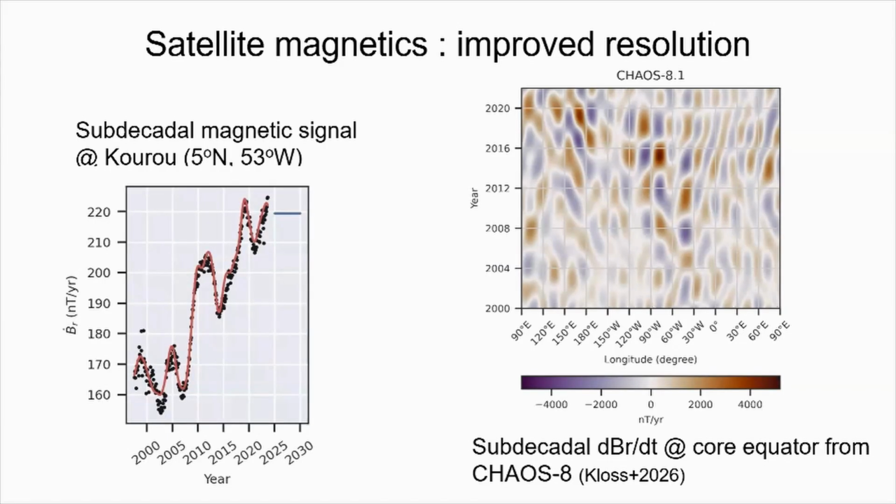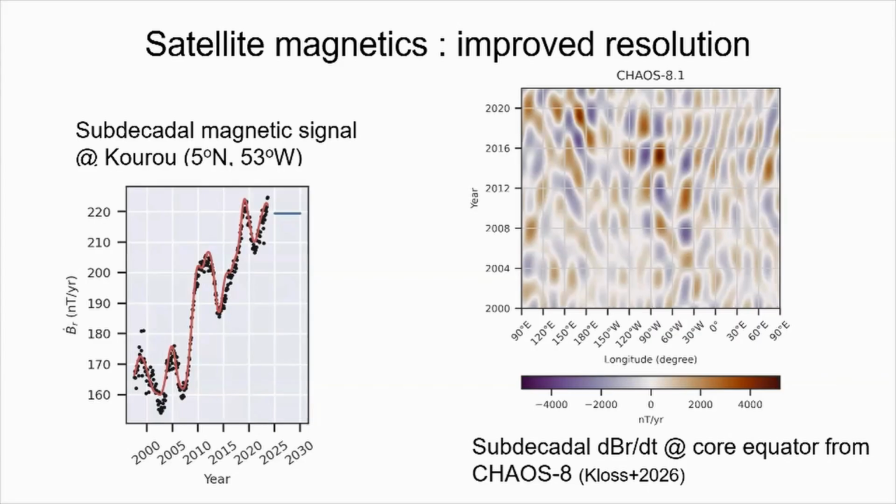When we look at the rapid variation, in nanotesla, the secular variation filtered in time, you can see as a function of time and longitude, here at the core equator, these oscillating patterns, some westward propagation, eventually some eastward propagation as well, on various length scales.